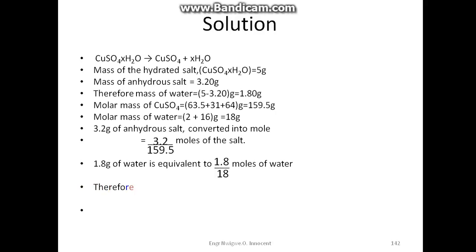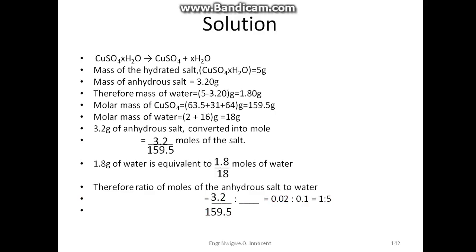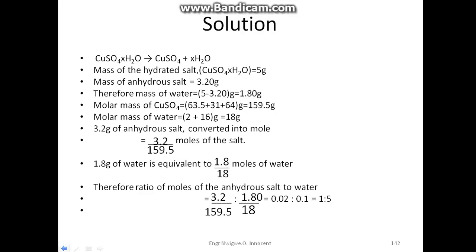Therefore, the ratio of moles of the anhydrous salt, 3.2 over 159.5, is to 1.80 divided by 18 for the water, which is in the ratio of 0.02 is to 0.1. That is equal to a 1:5 ratio. Therefore, the number of molecules of water of crystallization in the crystal is 5.